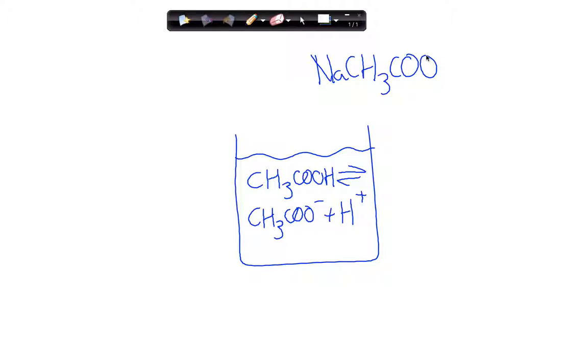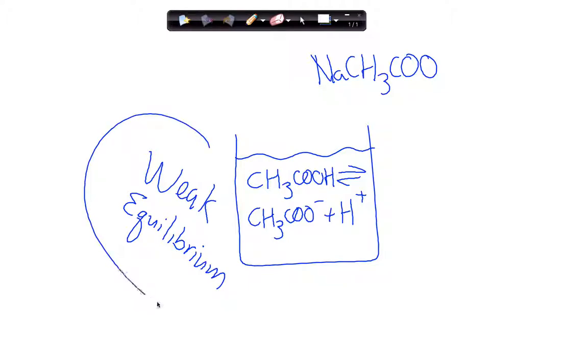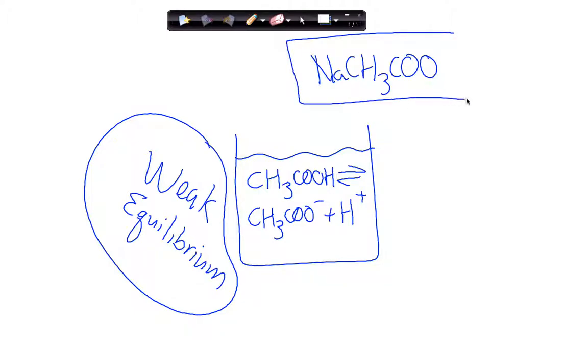And it goes like this. And maybe if you want to sort of label some of these pieces and parts. Guys, what we've got is a weak electrolyte. We have a substance that is weak. Therefore, it reaches equilibrium. And to that weak system that is at equilibrium, we are adding a salt.